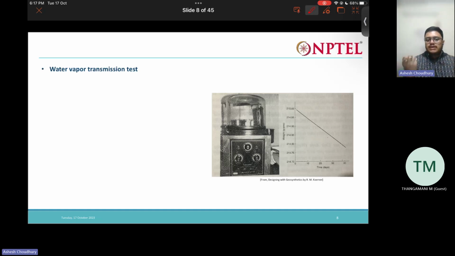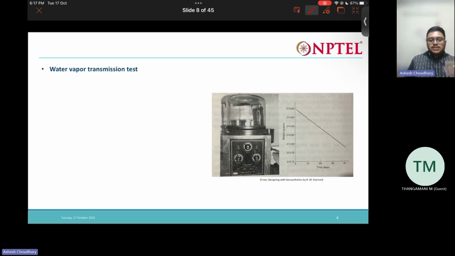These have really very small permeability, but even though it is very small, the permeability is not zero, right? So they allow some amount of gas or water to pass through. In order to determine how much gas or liquid is passing through the geomembrane layer, we use this test called the water vapor transmission test.